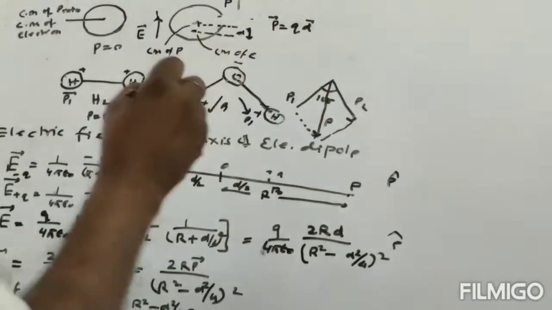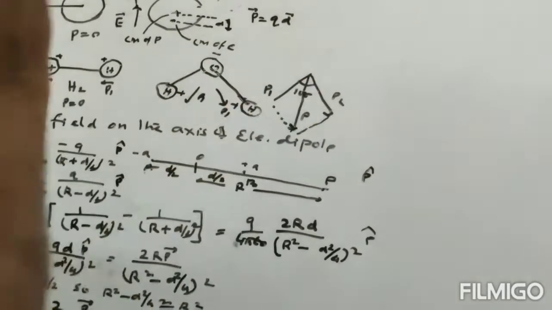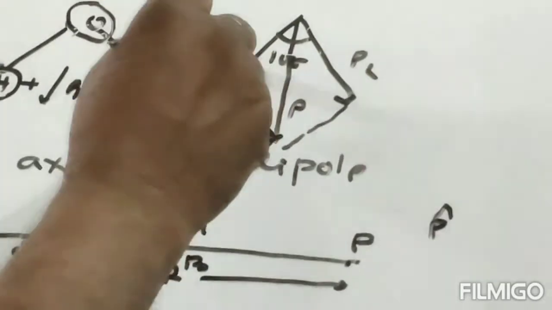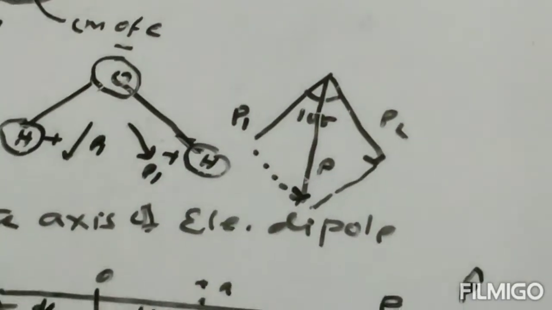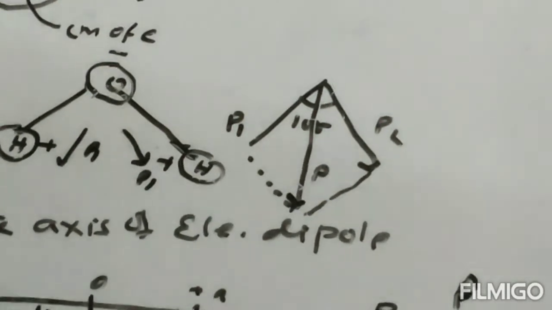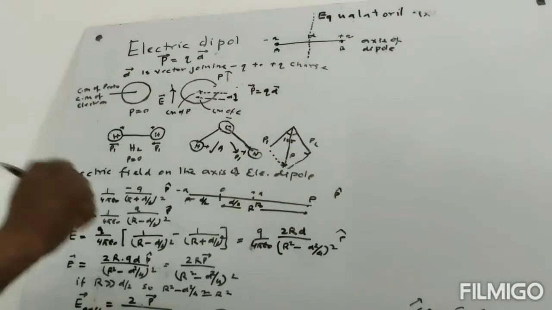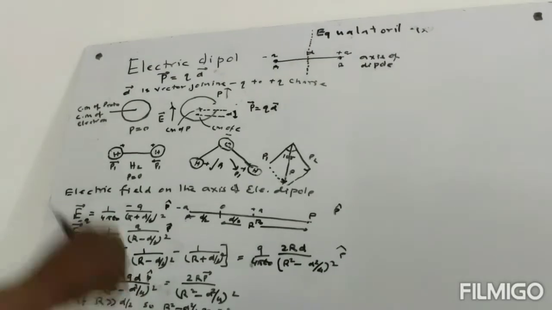The angle between these two P is 105 degrees. Hence the resultant of these two P1 and P1 is this one. So it will have a dipole moment. So the water molecule has a permanent dipole moment, or we can say it is a polar molecule.